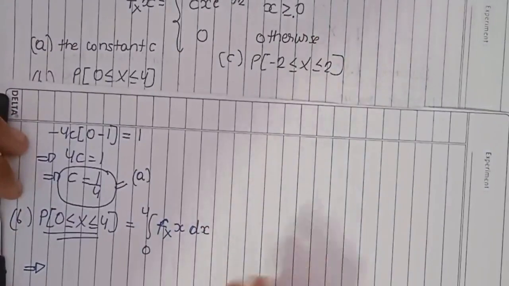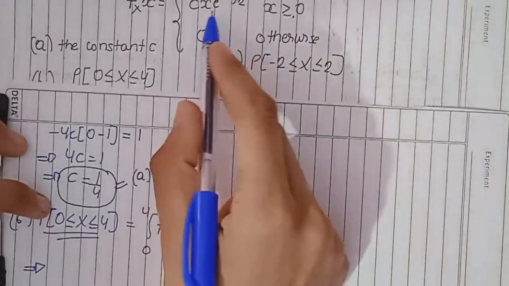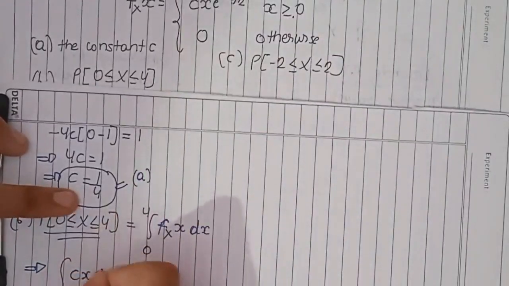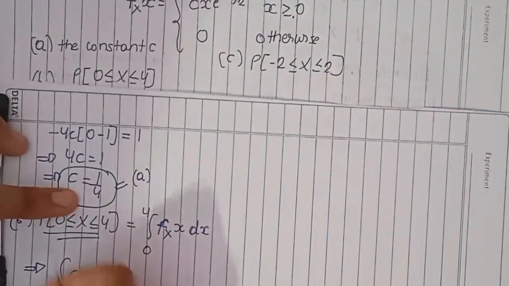Now we can see that in the range 0 to 4, the PDF value was this. So we can integrate this value and put this range.